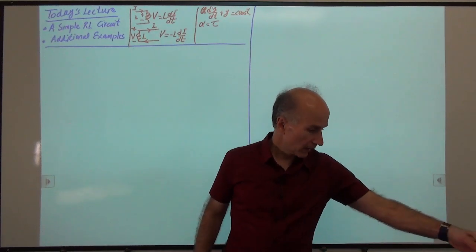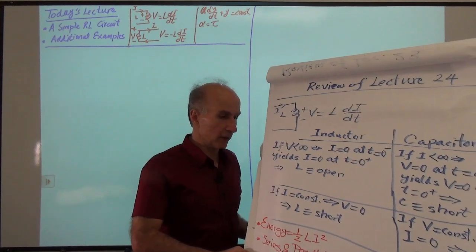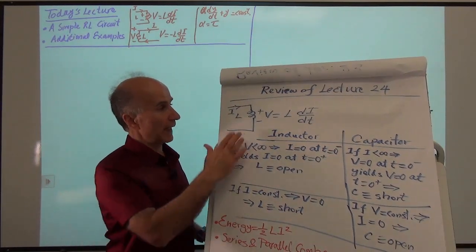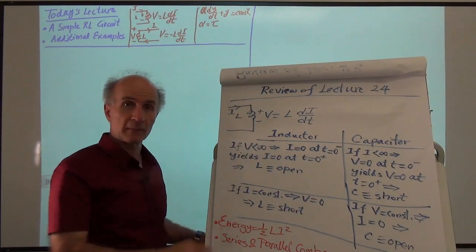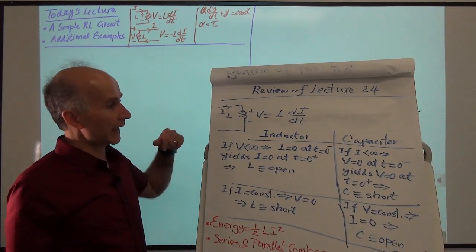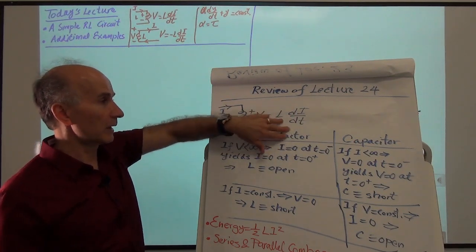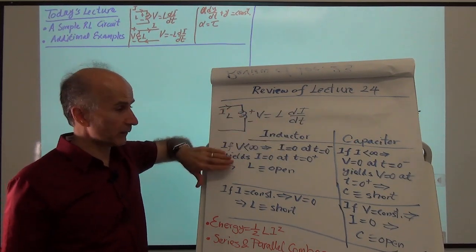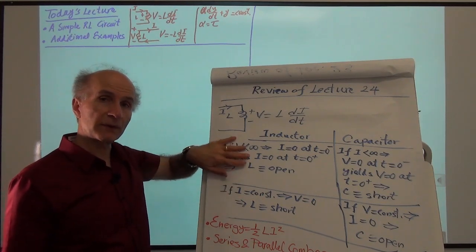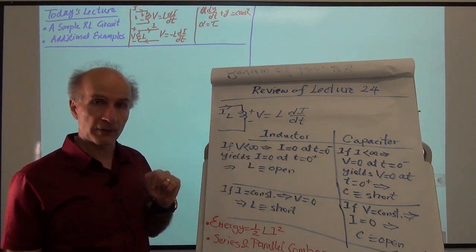Before we go there, let's summarize what we learned last time. We always start with this fundamental equation for inductors, and depending on what's going on with this equation, we can identify two important cases for inductors and, of course, similar cases for capacitors.